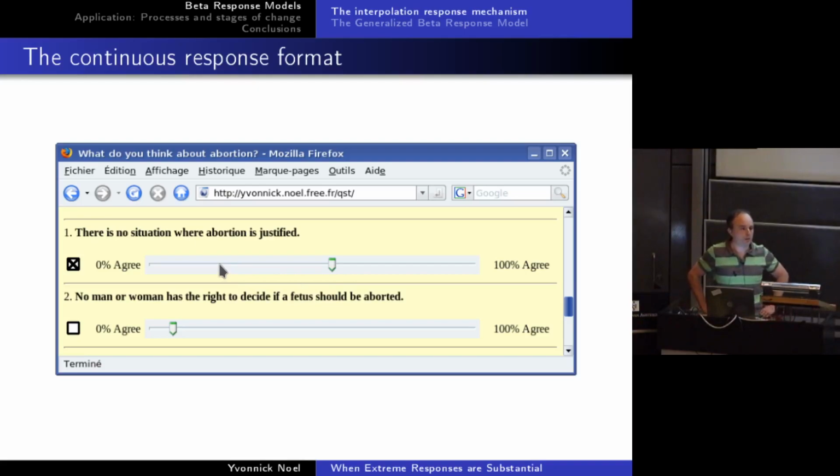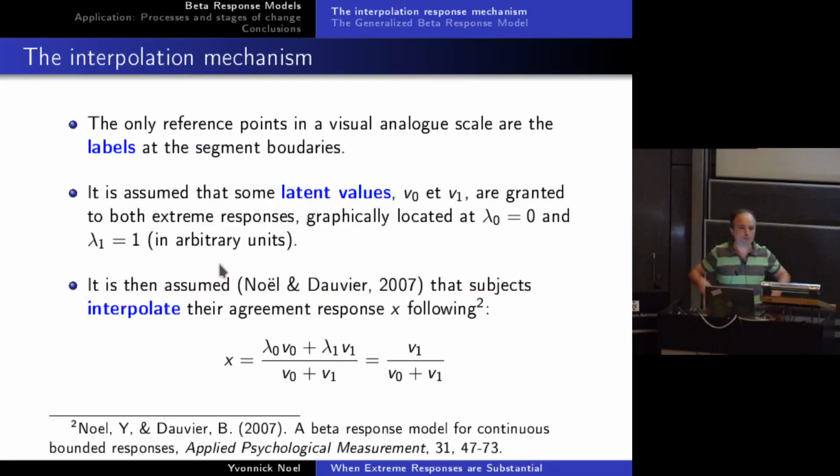The hypothesis we'll make here is first based on the remark that people, with such response scales, just have two reference points to construct their response. And as such, we will assume that they will grant some latent value to both extreme labels, and that they construct their response simply by calculating a kind of weighted average between these two values.